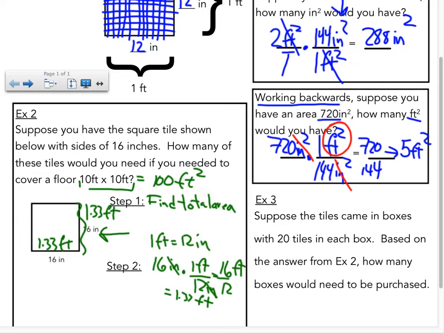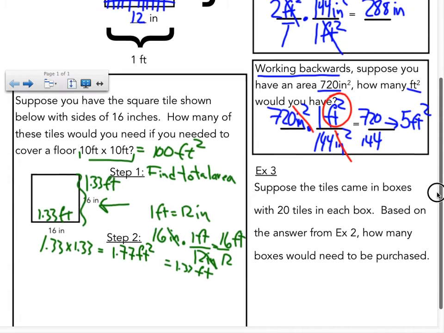Okay, great. Now if we can figure out the area of this thing, we can figure out how many tiles we need. So to find the area, we're going to take 1.33 times 1.33, and that's approximately 1.77 feet squared. Okay, so that's how much the area of this tile is.